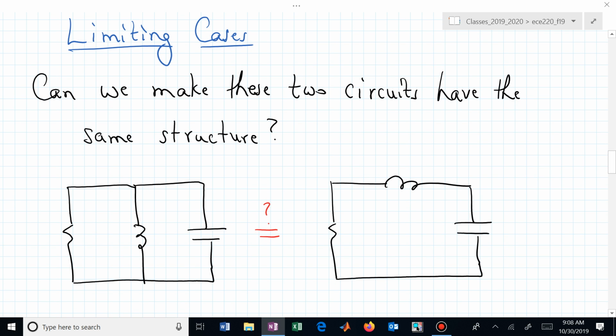Now we want to ask, is it possible to make these two series and parallel circuits look the same? Can we make them to be equivalent? Is it possible to make one transform into the other?